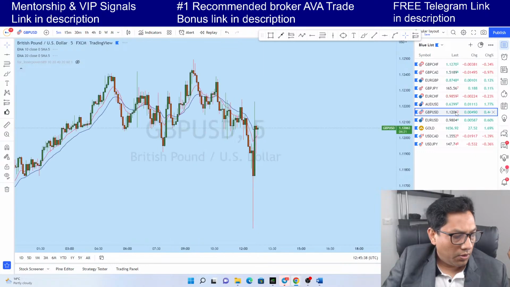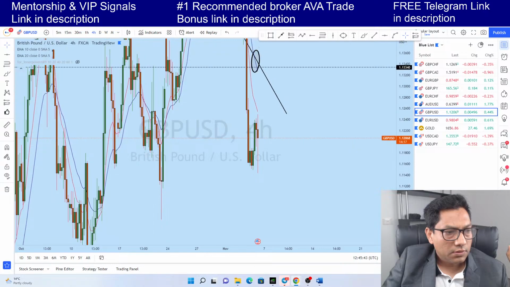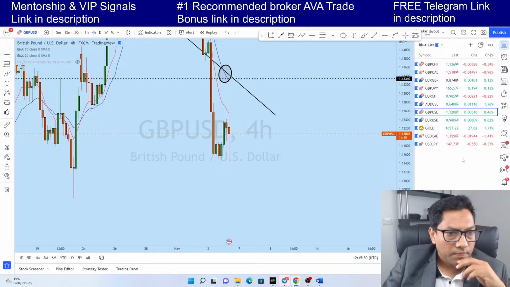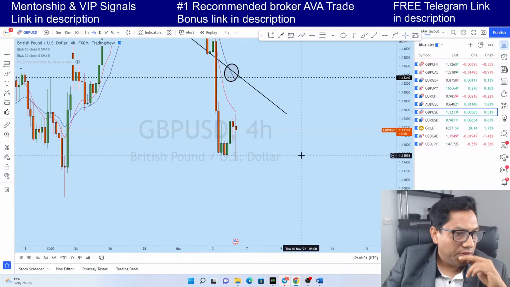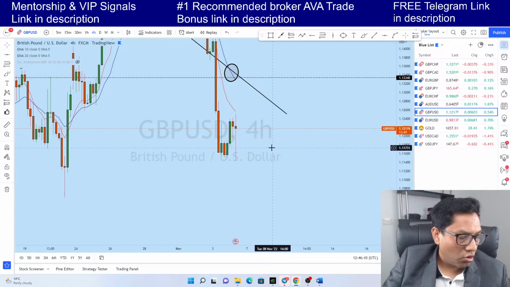So let me look at GBP. Okay. This candle is really crucial on GBP USD. If this one closes like that as a doji, as a false breakout candle, we could potentially see some drop.